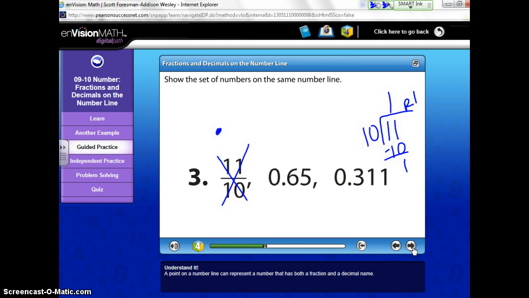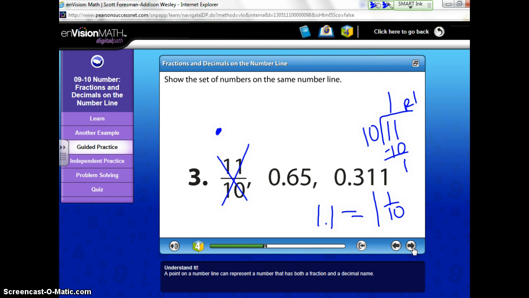How do I write that as a fraction? No, as a fraction, as a mixed number. 1 and 1/10. Can I write that as a decimal? How? 1.1. Now, can I put these in order?